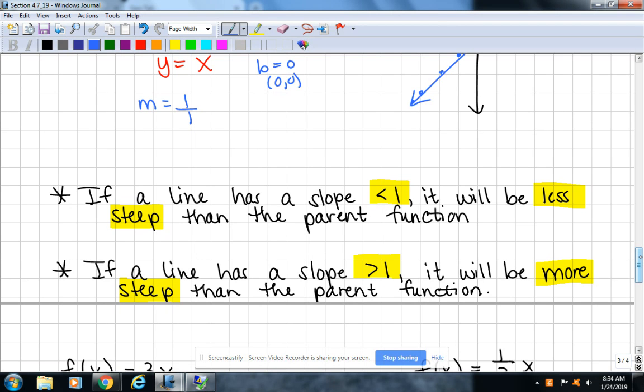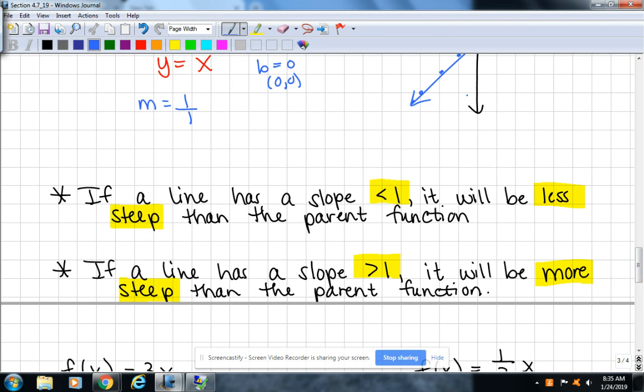Fractions. Are all fractions less than 1? No, improper fractions are not, right? So like 3/4 is less than 1, a half, 1/8, all of those fractions that are less than 1. So any fraction or decimal even that is less than 1 for a slope, it's going to be less steep than that parent function.